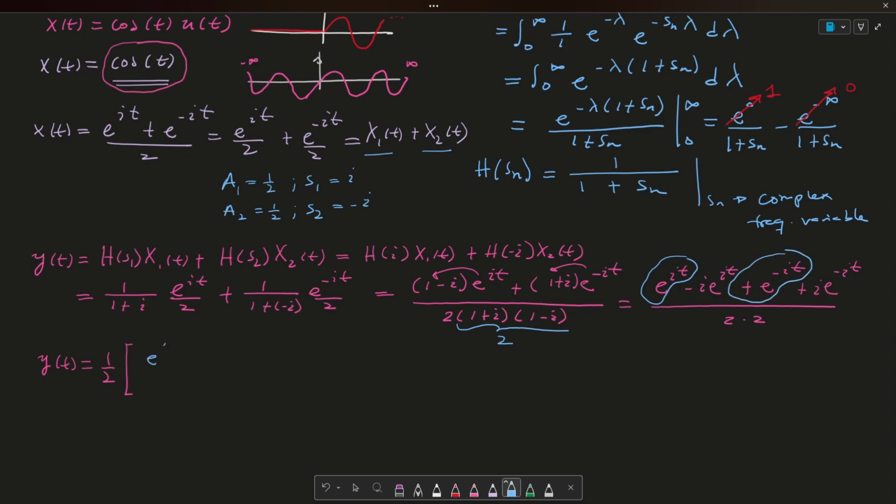So this is e to the it plus e to the minus it over 2 plus, if I pull out a minus i from this term and a minus i from this term, I'm left with minus i times e to the it minus e to the minus it, in parentheses, over 2.